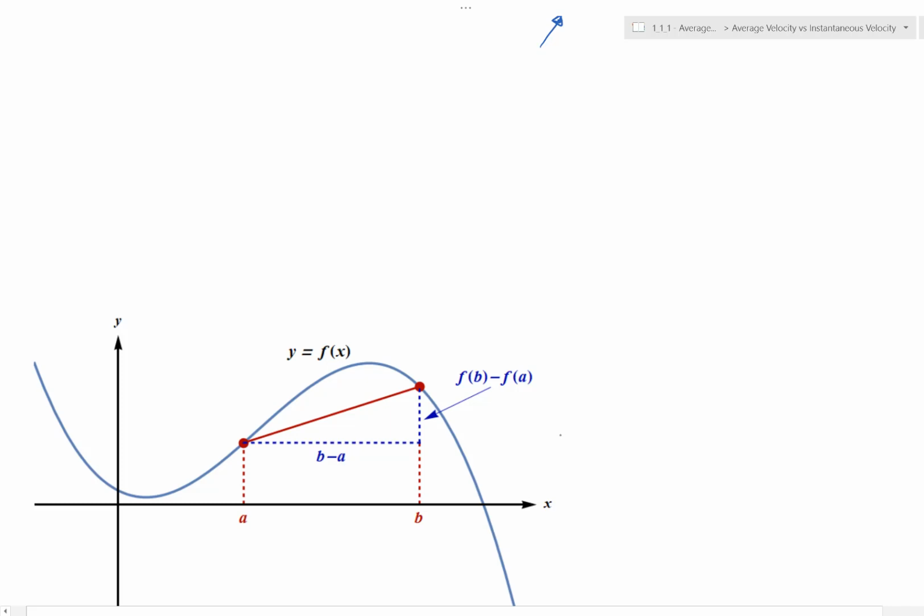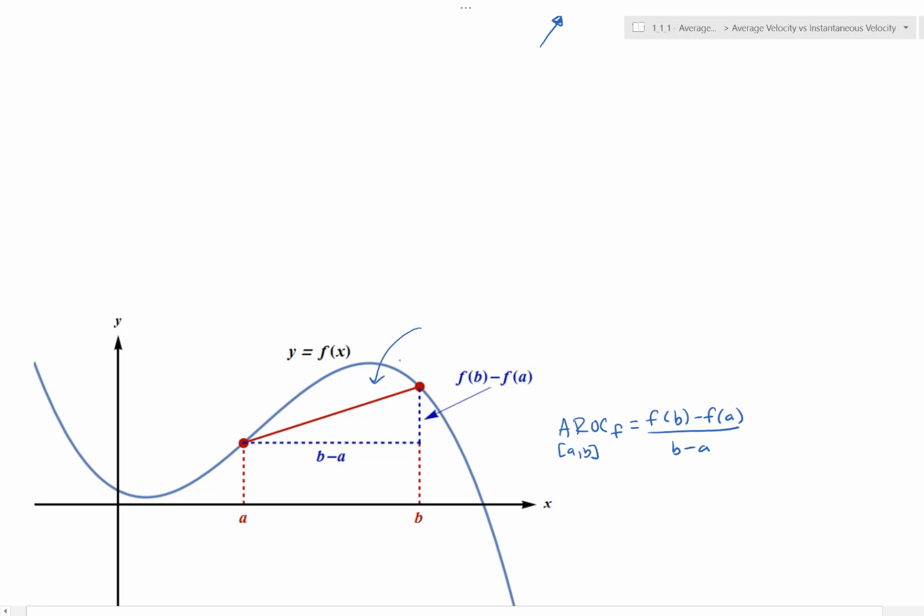So in fact, the average rate of change of this function over the interval a to b is actually, as we said, f of b minus f of a, the change in the output, over b minus a. That ends up just being the same thing as the slope of this line connecting the two points a, f of a and b, f of b.